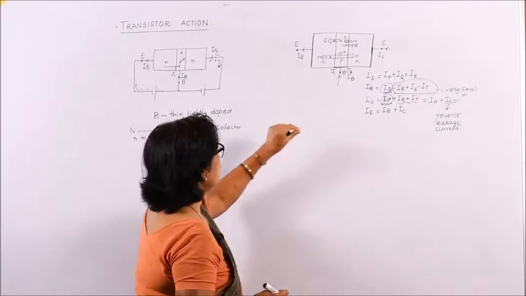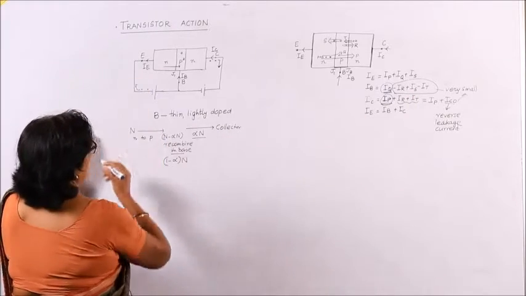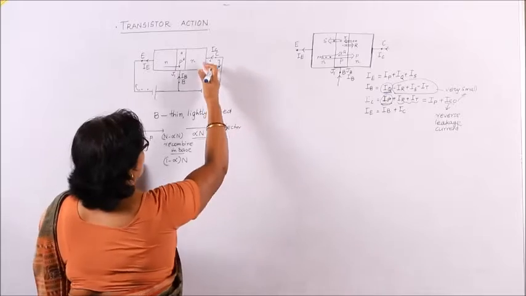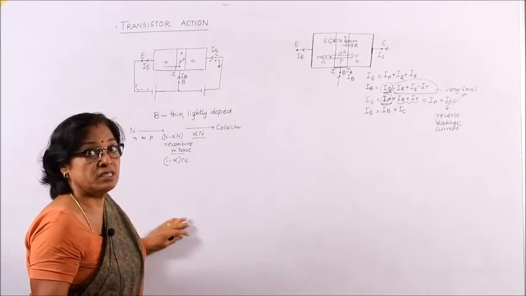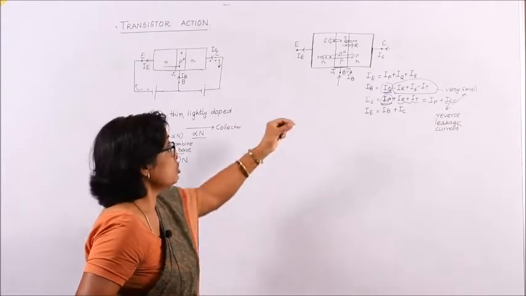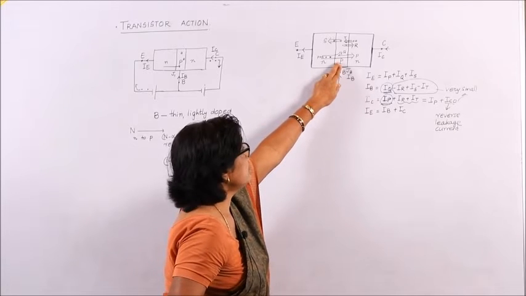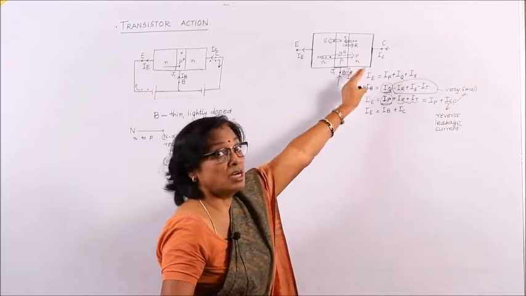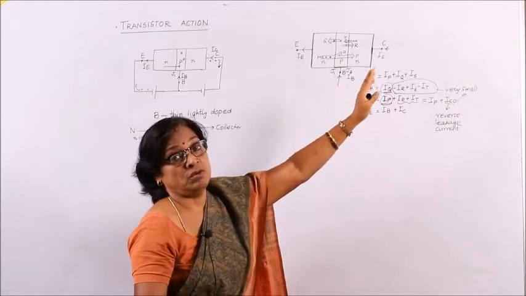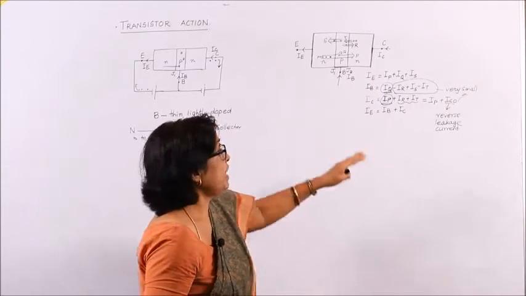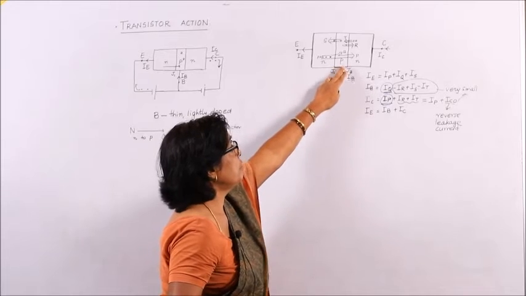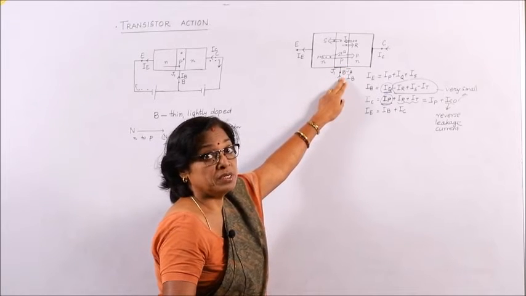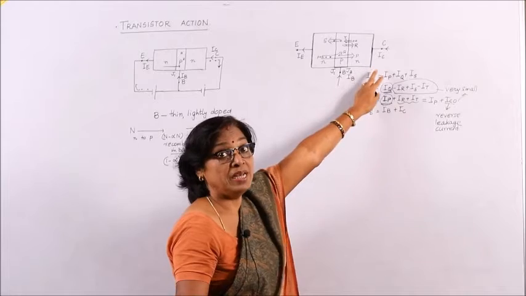So, emitter current will flow in the circuit, base current will flow in the circuit, in this manner there will be current in the circuit. And for a small change, if you change this base current, the number of electrons which reach the collector will change by a large amount. We find that if this is in the order of microamperes, this is in the order of milliamperes.